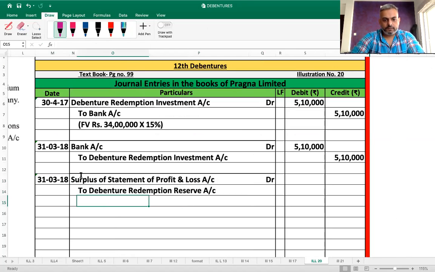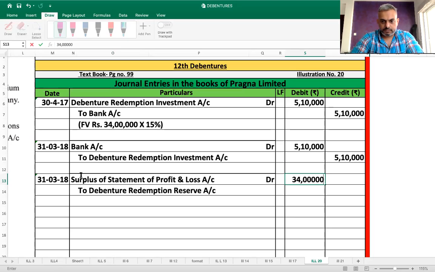How much? Full 34 lakh. So I'll write in the bracket over here: 100% transferred to reserve.